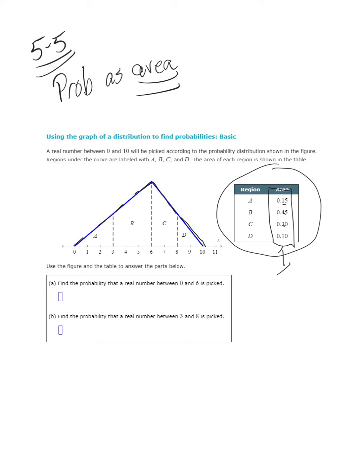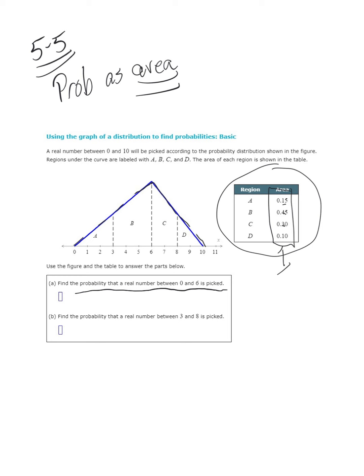All right, so for this first question, it says find the probability that the real number between 0 and 6 is picked.